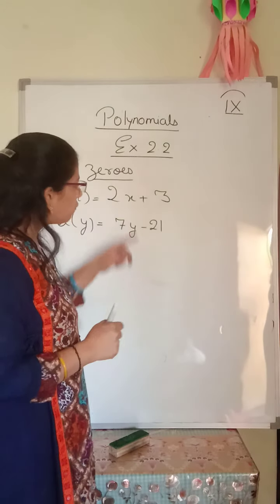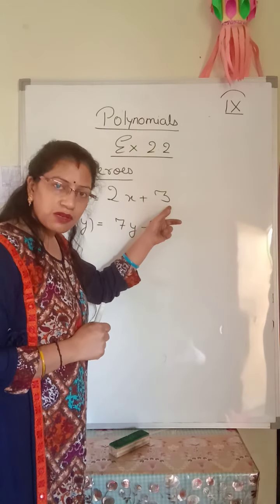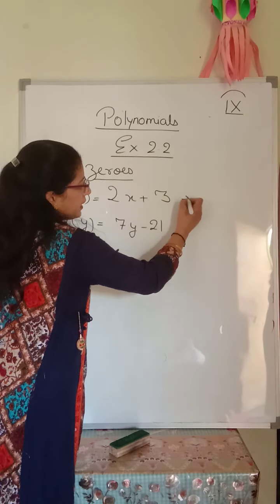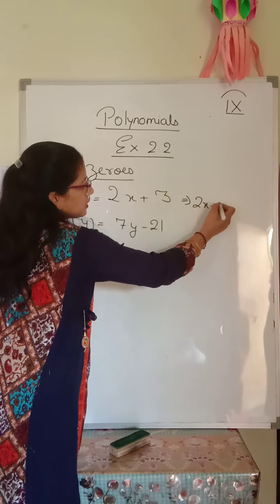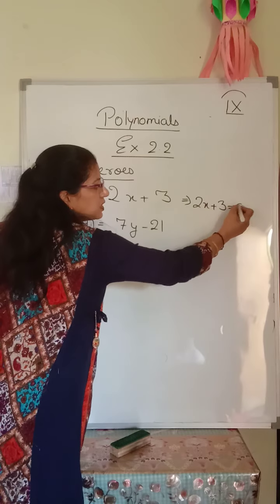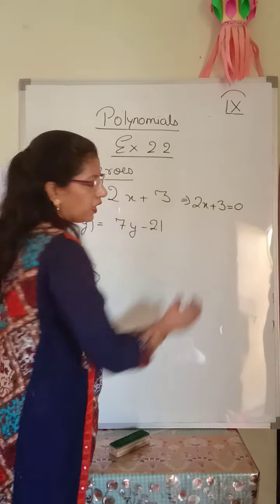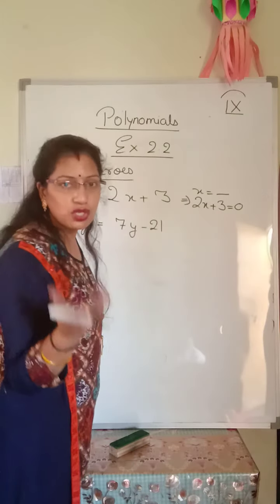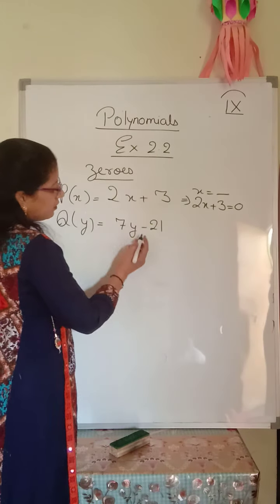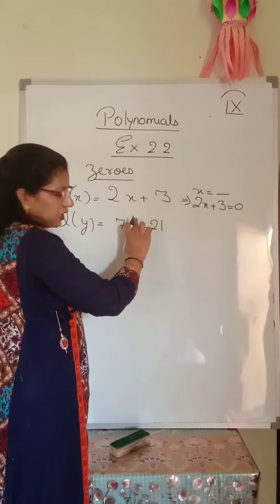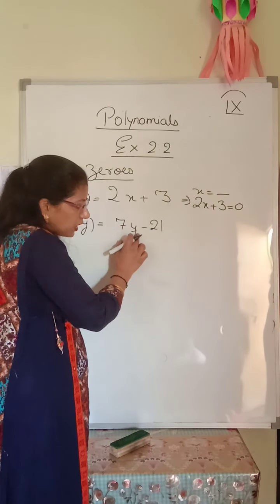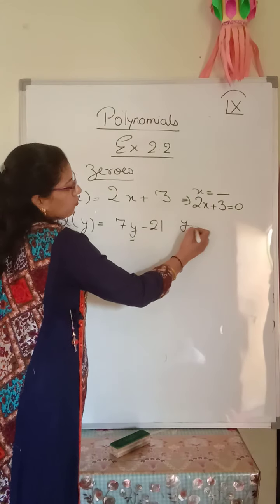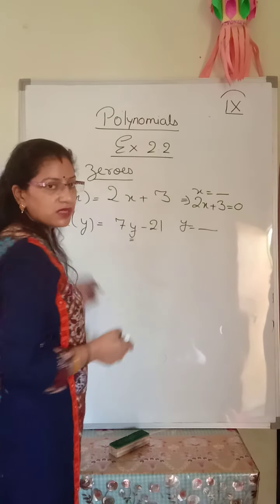So the value of the variable for which the polynomial becomes 0 is the zero of the polynomial, that means the solution of the polynomial. Same way, we have to put such a value of y that 7 into that value minus 21 comes 0. That means the value of y is the zero of this polynomial.